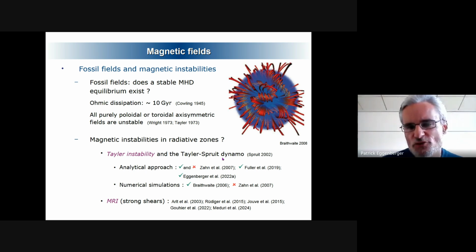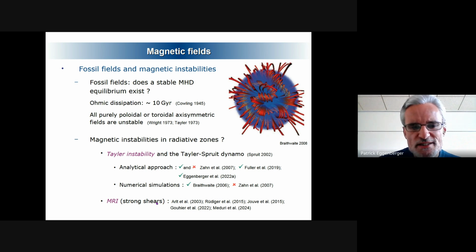This was first introduced by Spruit in 2002, but then in the community there was a lot of debate about the very existence of these processes, especially because there are different results depending on numerical simulation. There were simulations saying that it's not possible, and others saying it is possible, but under very optimistic and not very realistic stellar conditions.